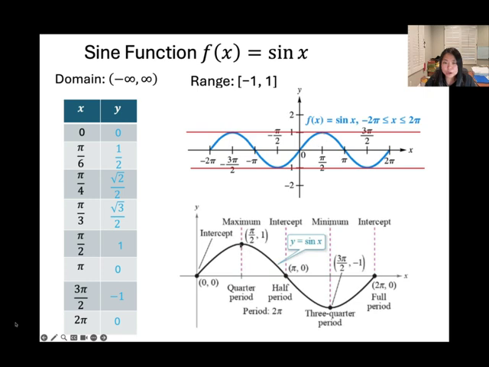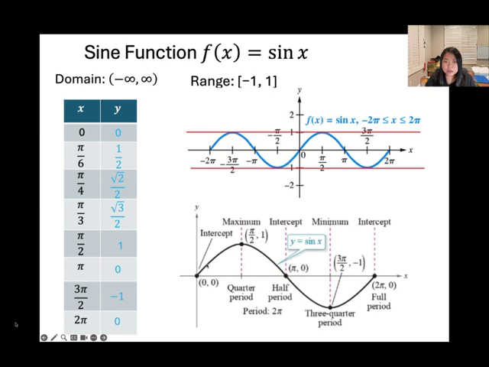It can be pi over 2 and 1, or -3 pi over 2 and 1. So the minimum is going to be here, the lowest point. That will be 3 pi over 2 and -1. Also, -pi over 2 and -1 is a minimum value.